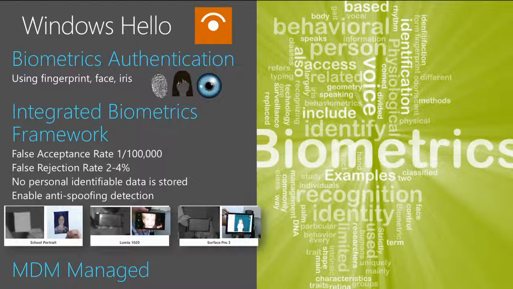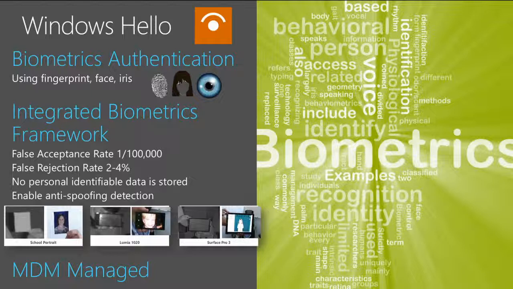So the false acceptance rate is very low. The false rejection rate is low as well, because you could say, okay, we just reject everything, and then it has a very low false acceptance rate. But that doesn't work, of course, so that is low as well. There is no personal identifiable data stored anywhere.